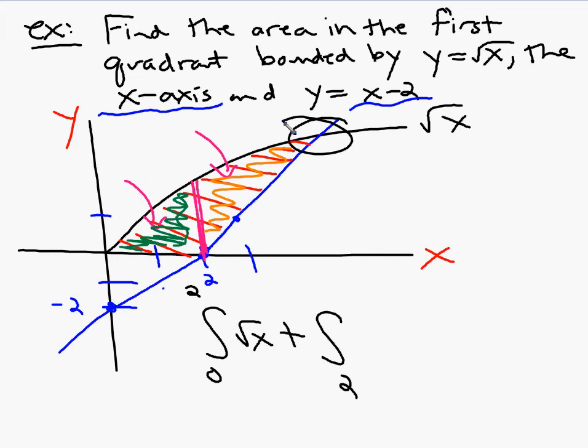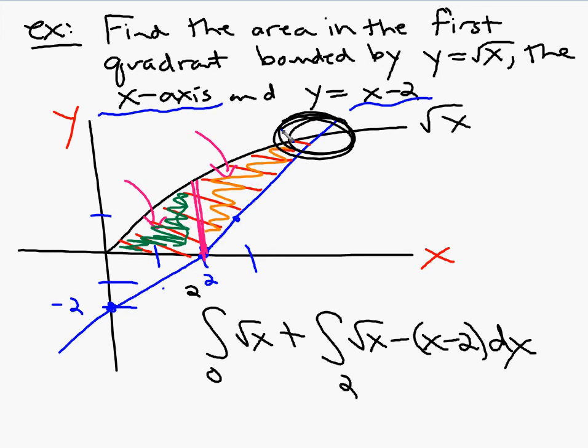Then you'd do the integral of the square root of x minus x minus 2 dx. And if it was a calculator problem, can't I calculate this with the graphing calculator? Of course you can. But you also need to know how to do it analytically.